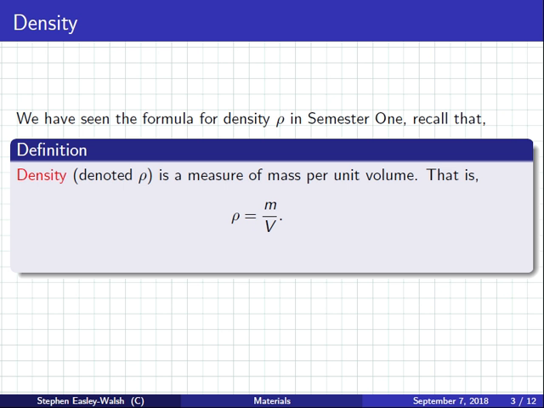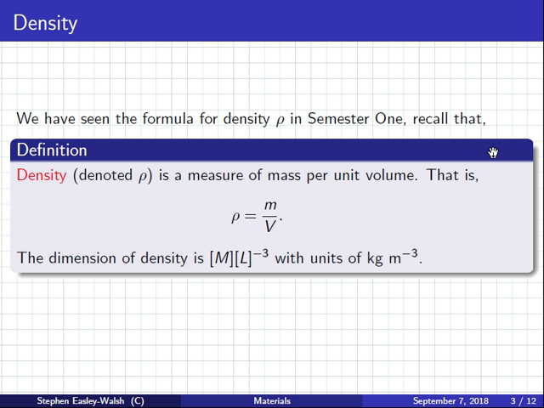It's kg per meters cubed. Thank you, Ben. And the dimension is mass per length cubed with units of kilograms per meter cubed.